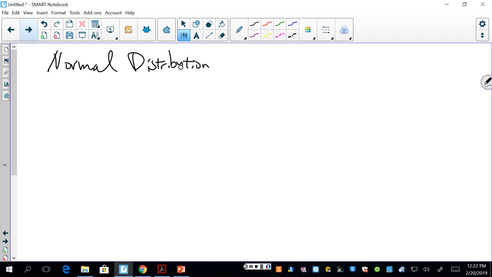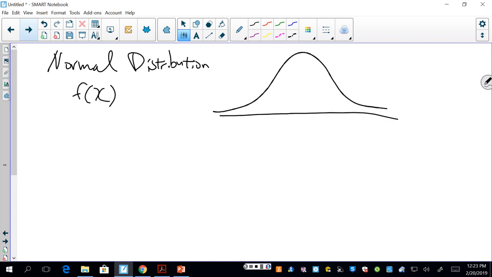Many times when we measure things, the type of outcomes we have are symmetrically distributed about their average. They're concentrated toward the middle with a smaller chance of being more extreme. And the density is going to look something like the familiar bell-shaped curve.